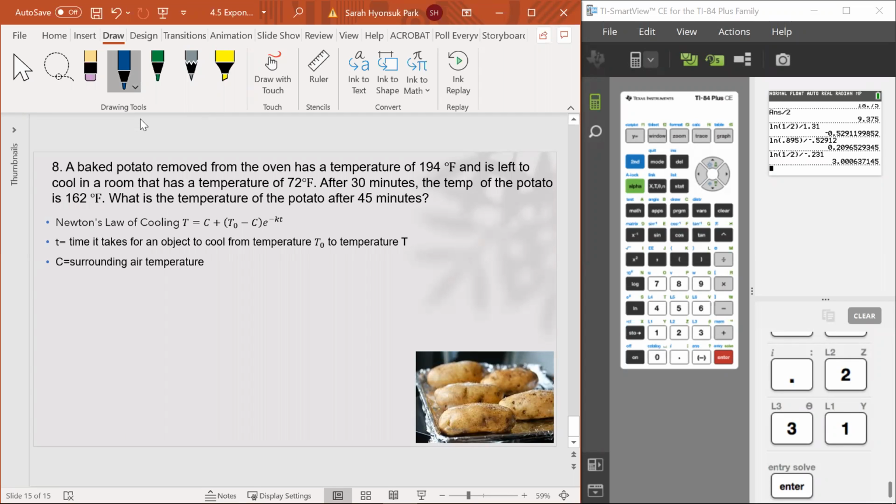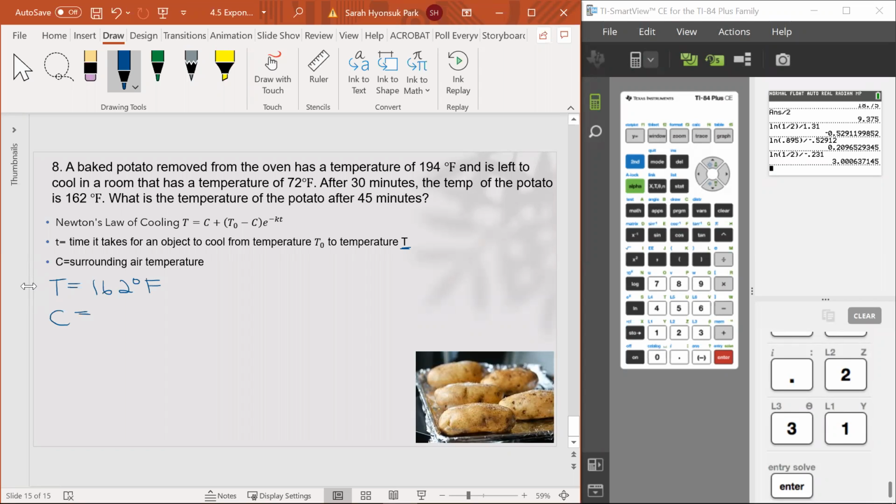So for this, we have to solve for k, like we have to come up with the model here. So first, we need to get k. So let's determine all the different things. Here T is the final temperature of the potato, and here T at 30 minutes is 162 degrees Fahrenheit.